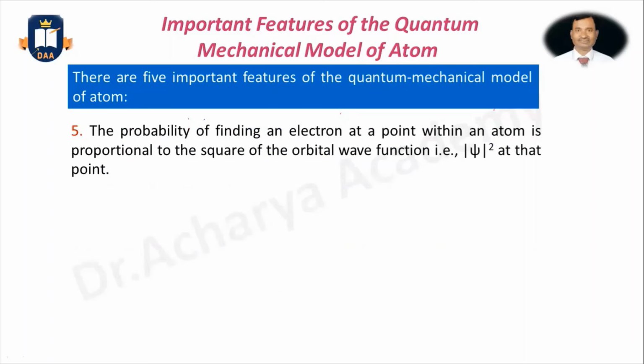Now point number 5. Previously, I already told that we can only count the probability of an electron. So in point number 5, the probability of finding an electron at a point within an atom is proportional to the square of the orbital wave function, that is psi square at that point.